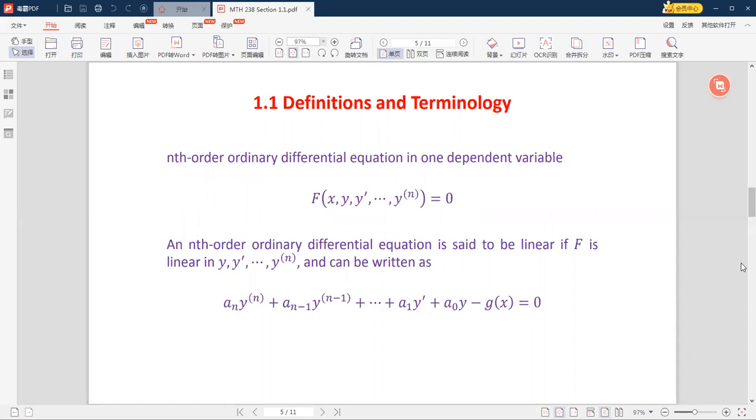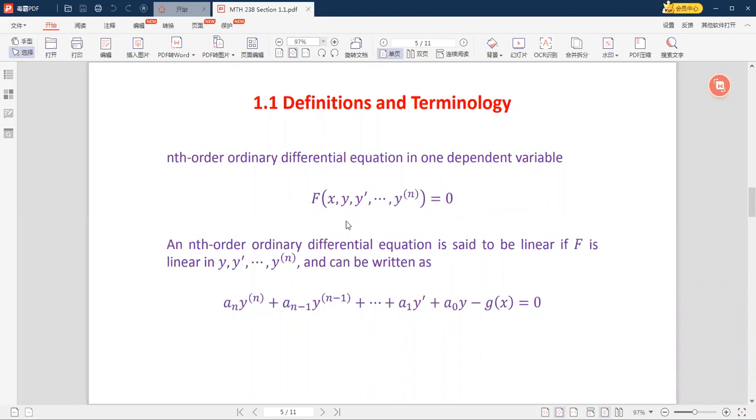Okay, so the next thing is called the nth order ordinary differential equation in one dependent variable. We talk about the order of a differential equation. That means the highest derivative. In this equation, we have some function big F. It is a function of the independent variable x. We only have one independent variable in an ordinary differential equation.